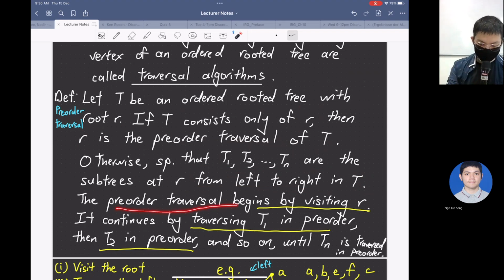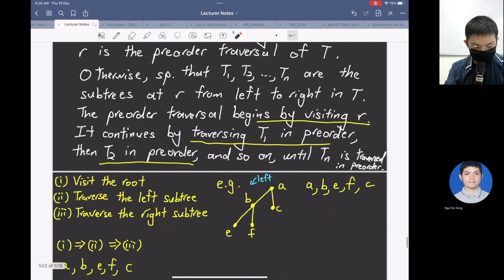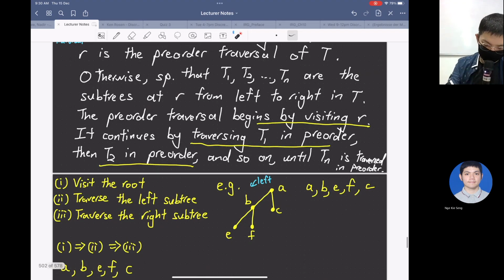Then the pre-order traversal begins by visiting R first, and then continues to traverse T1, the left subtree, and then T2 up to Tn, the right subtree. So what does this mean? Let's look at the example here.